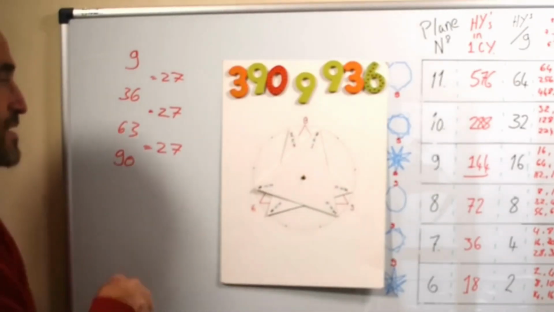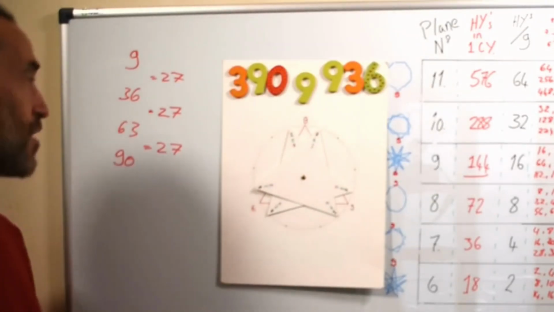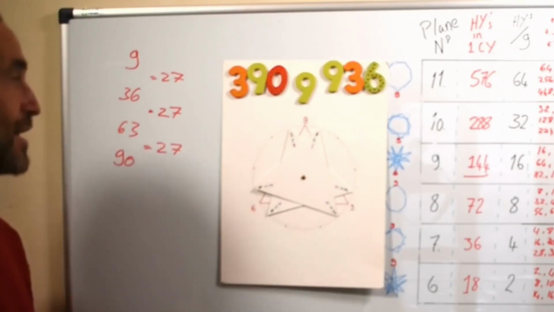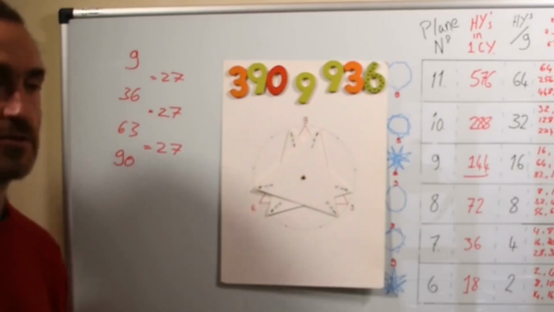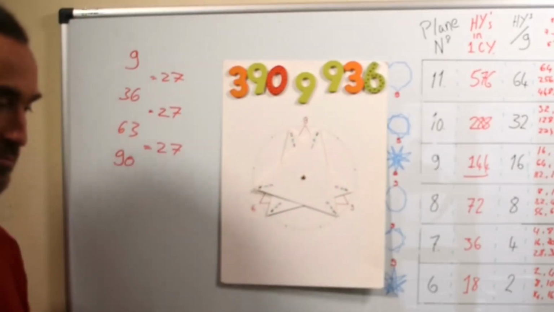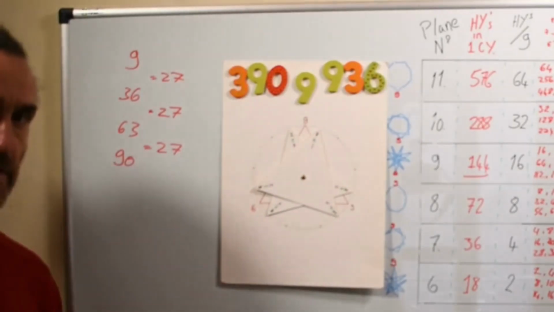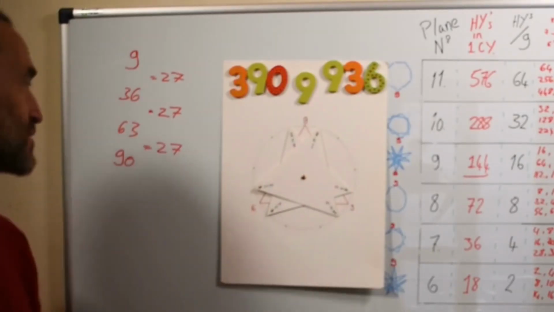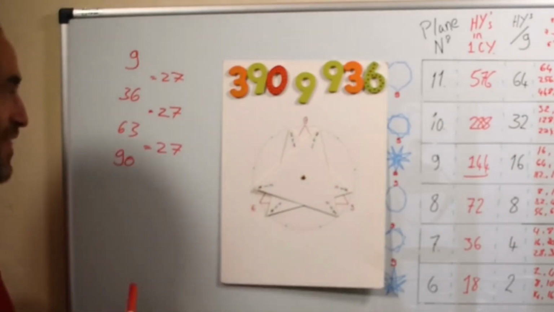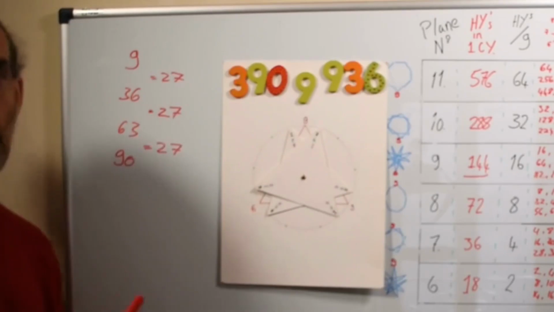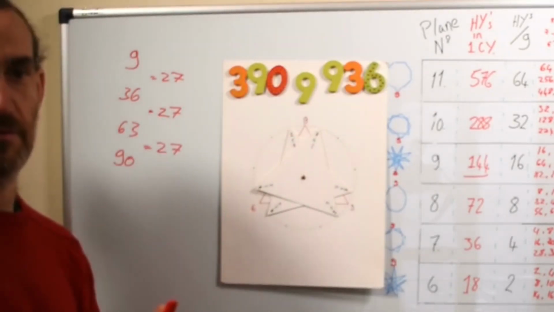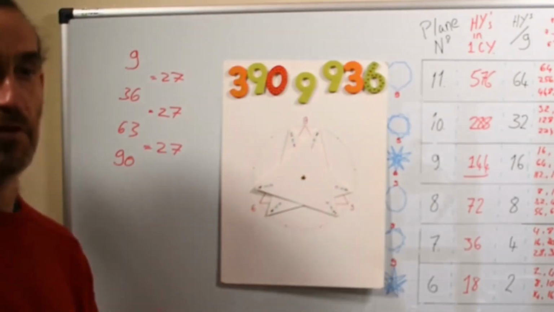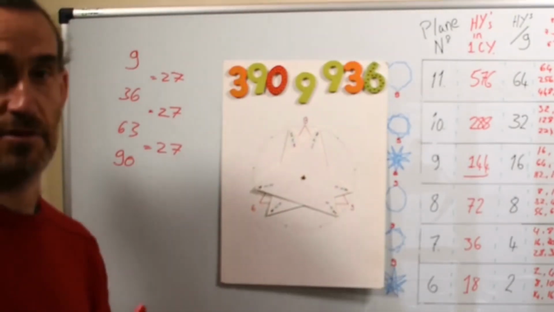For me, 27 is representative of ego mind. If we wanted to put an interpretation on that, my interpretation would be that the 27, the ego mind, is in between all these factors, all these elements.